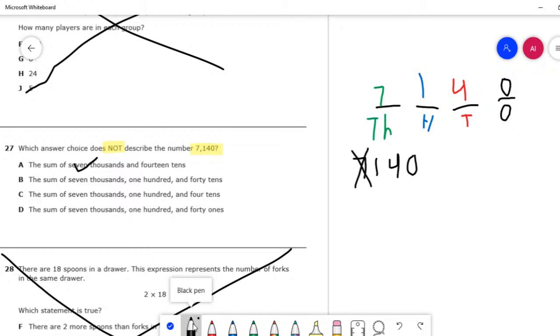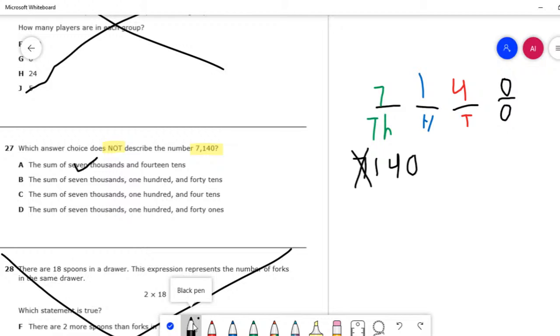Because it doesn't say anything about hundreds, we need to include hundreds as additional tens, because we have to remember the relationship between the different place values. 100 is the same as 10 tens.